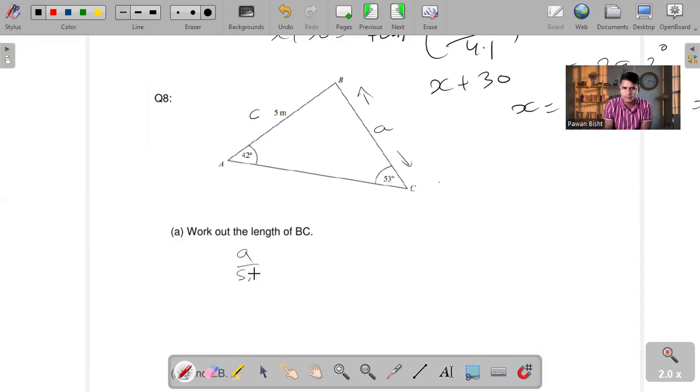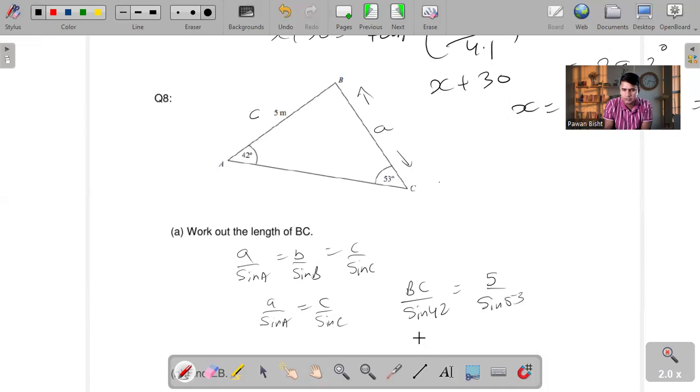A upon sine A equals B upon sine B equals C upon sine C. We don't use the B one. I can write it this way: A upon sine A equals C upon sine C. Put the values. A we don't know, which is BC. Sine of angle A is 42, small c is 5, and sine of angle C is 53 degrees. So BC will be 5 times sine 42 over sine 53.